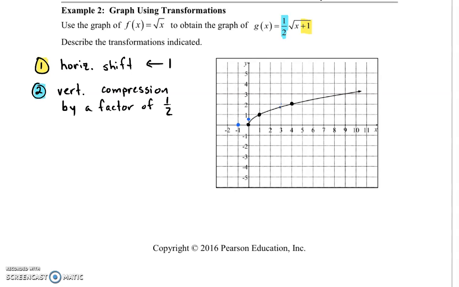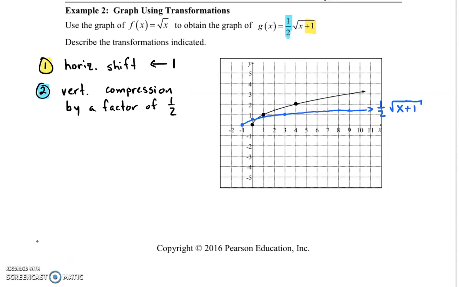If we cut 2 in half, that is 1. So now our curve goes about like this. So this is 1/2 square root of x plus 1.